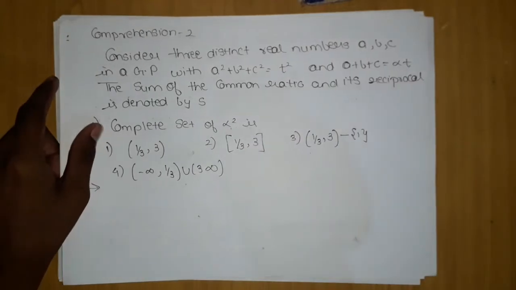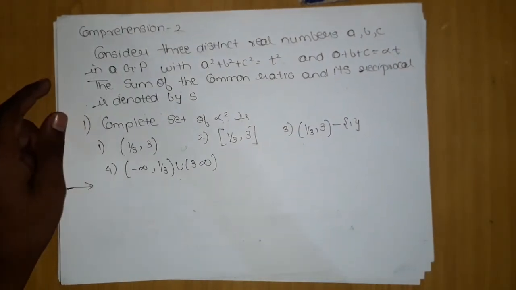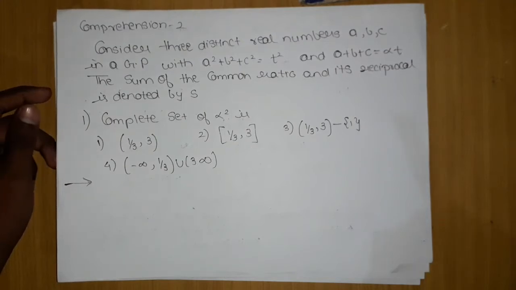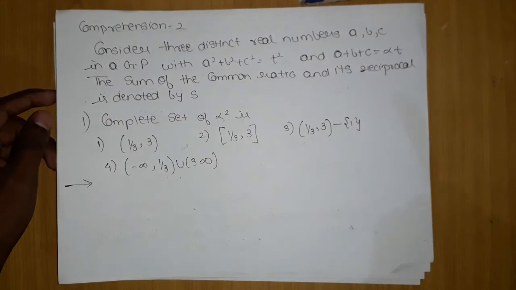Now let's move on to the second question, the second comprehension. Let me get the three questions of the second comprehension. Let's read it. Consider three distinct real numbers a, b, c in a GP with a square plus b square plus c square equal to t square, and a plus b plus c equal to alpha times t.